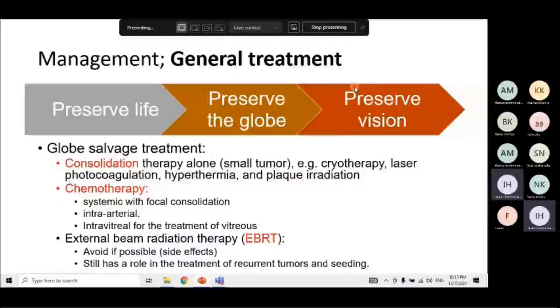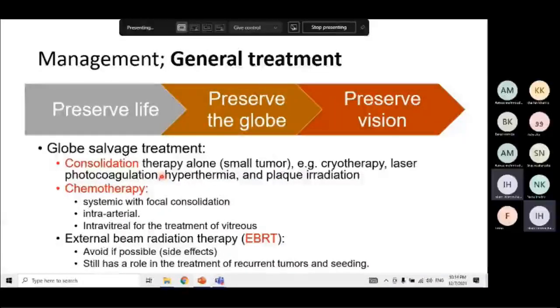So the globe salvage treatment, as we said, in small tumors, we may need to do the consolidation treatment alone. We don't need to do chemotherapy. Sorry, we do consolidation treatment alone.